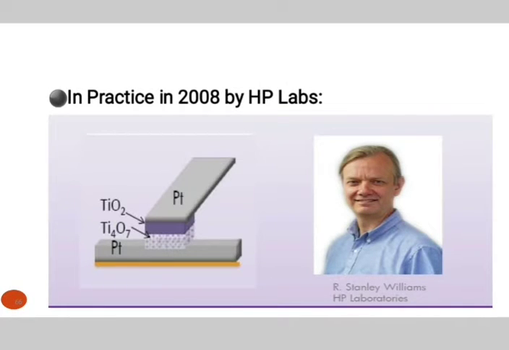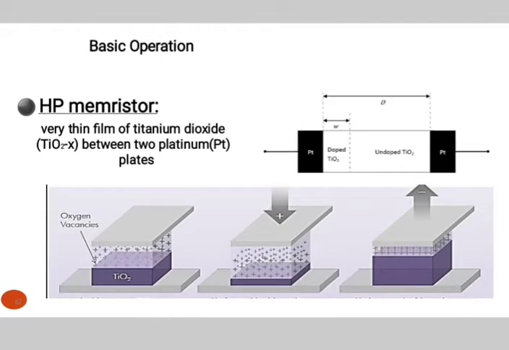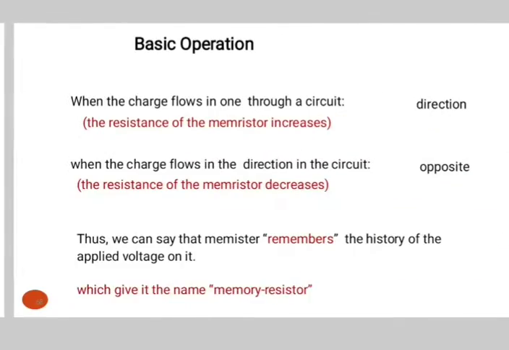So this is from HP Laboratories, Stanley Williams. Then the HP memristor. Here is a very thin film of titanium dioxide between the two platinum plates, which is shown here.